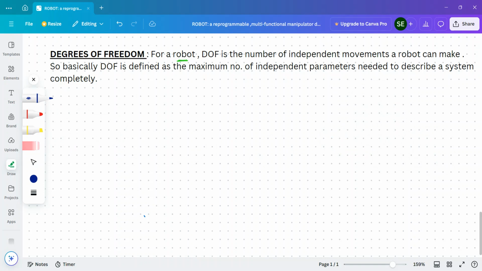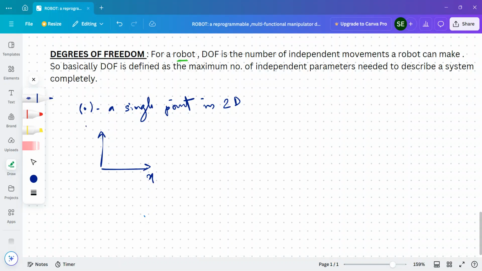Let me give you the basics of degrees of freedom. If you don't know the basics, then you will not understand it. Let us consider a single point in 2D, in two dimensions. Two dimensions means it has an x-axis and a y-axis, or any two axes.